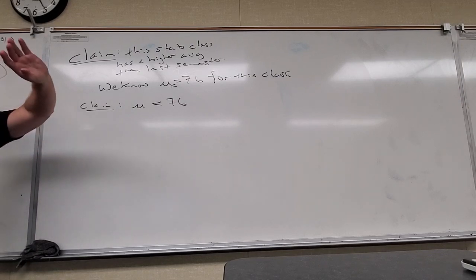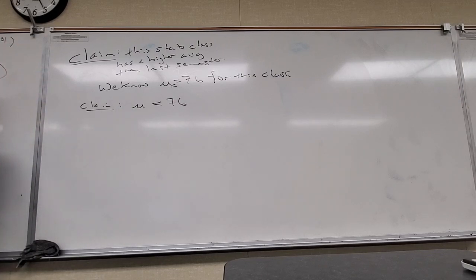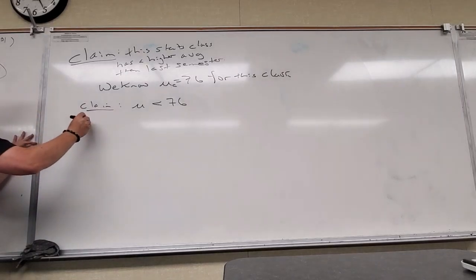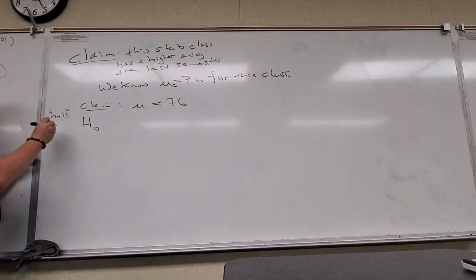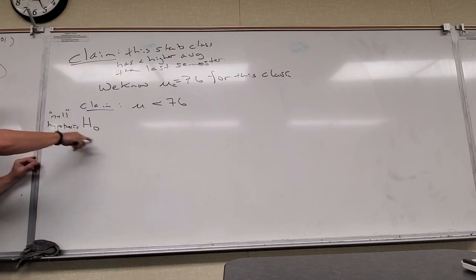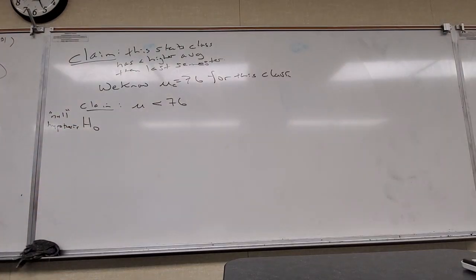So these are hypotheses. You with me? There's two of them, and there will always be two of them. One we call the null hypothesis. H with the little subscript o is like 0, and null is basically 0.